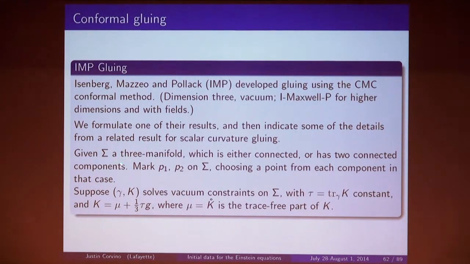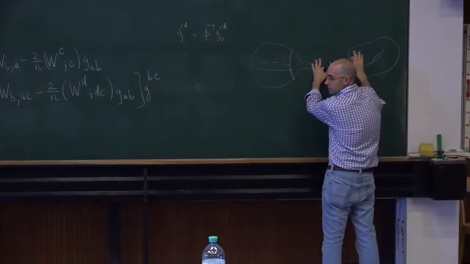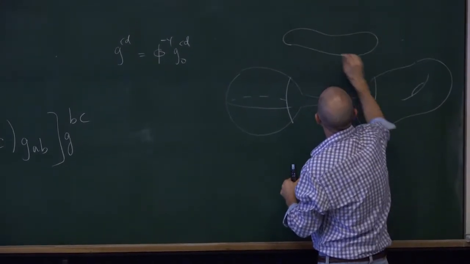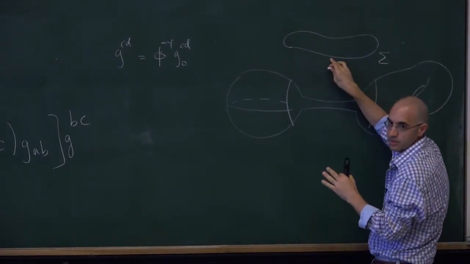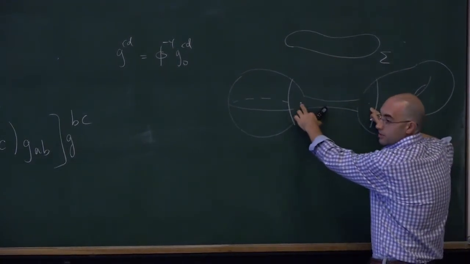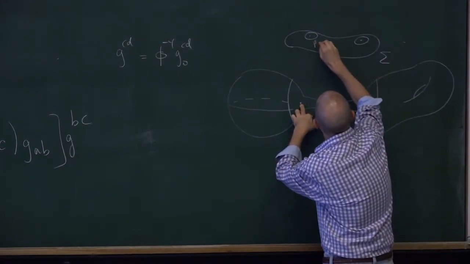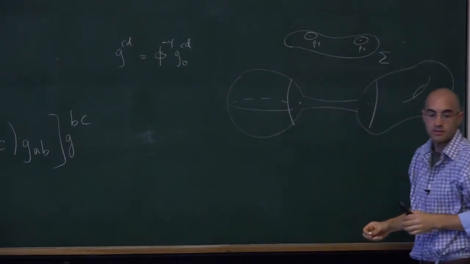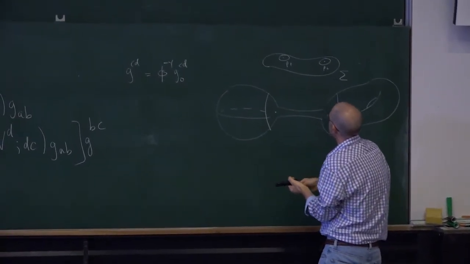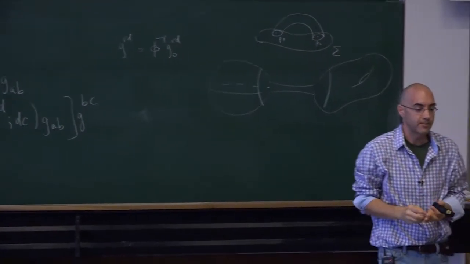Given a 3-manifold sigma, and that sigma could be the union of 2 disjoint connected pieces, or sigma might be 1 given manifold to start, and you mark 2 points, 1 on each component, or if you're on sigma, you pick P1 and P2 points on your manifold. And then you either want to do a connect sum of 2 components, or you want to add a handle, okay?